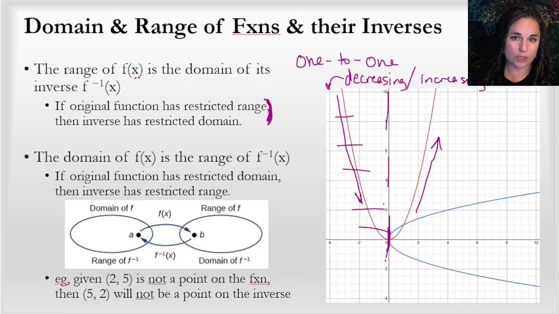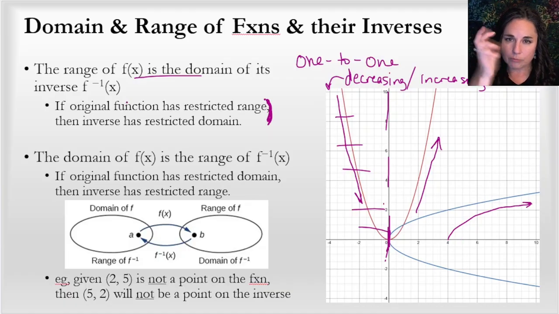So we're going to have restricted domains and ranges. So we're going to restrict the domain. This is true maybe for a radical function. A radical function might look like this, and it has a restricted domain, right? So because it has a restricted domain, then the inverse, remember we're flipping outputs and inputs, the range of the inverse is going to be limited.